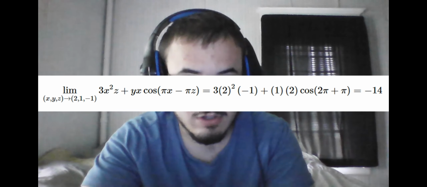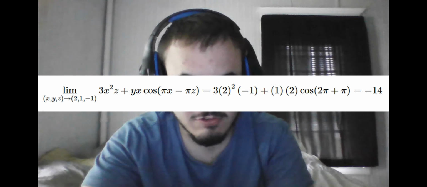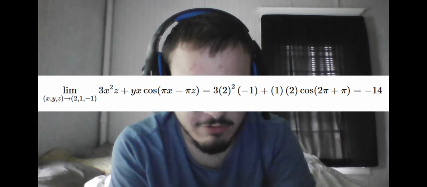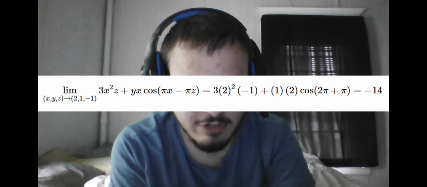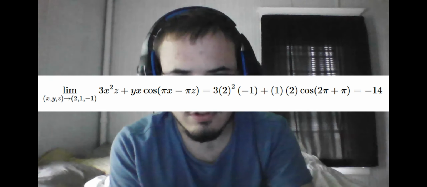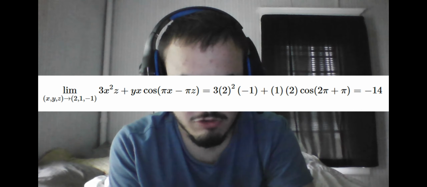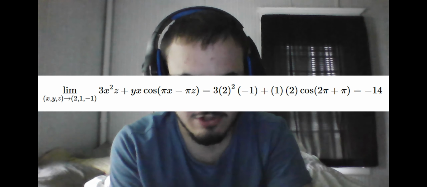In particular, if we are given a limit like this, where we have a 3-variable function, we see that all of the functions individually as if they were single variable functions. So treating 3x squared and z separately in the first term, for example, are always continuous. It follows that this overall function and therefore limit is also continuous.